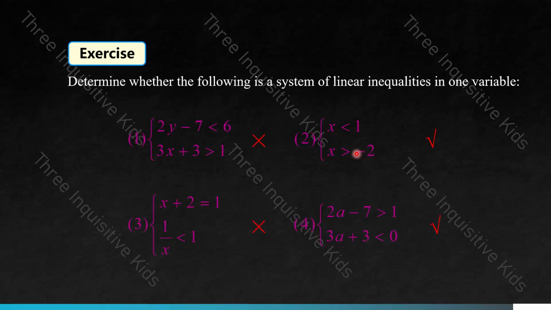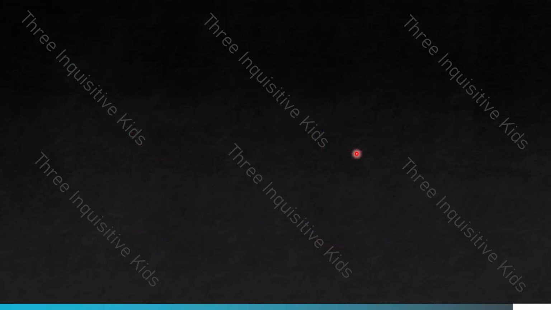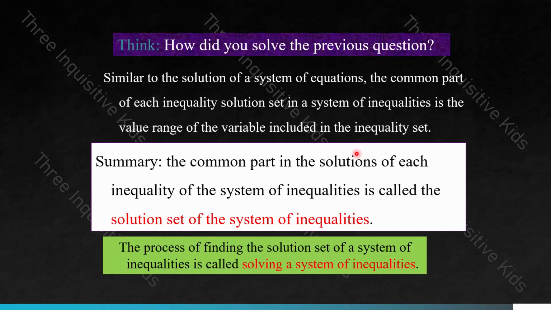And if it is contained by both inequalities, it means that it is the solution to that system of linear inequalities. But sometimes, remember, when there is no solution, then there may be no common part. But we're going to elaborate more on that later in this lesson. The process of finding the solution set of a system of inequalities is called solving a system of inequalities. So pretty self-explanatory.